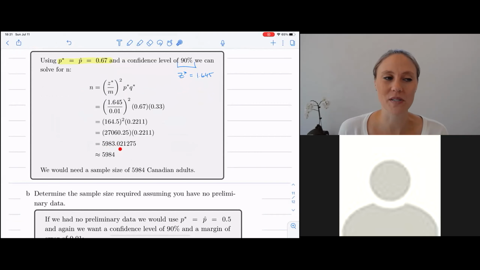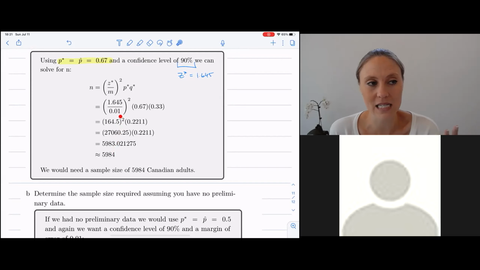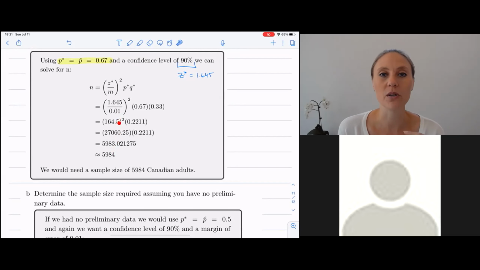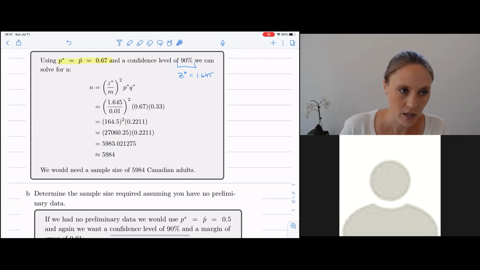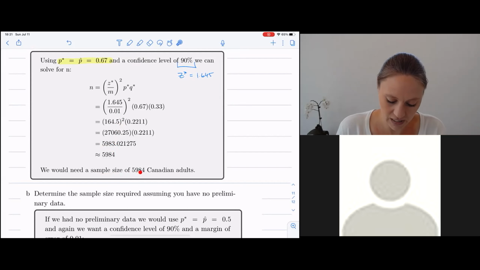Even though it's only 0.02, if you only went to 5,983, it wouldn't be a big deal, but it's also not that much more expensive to sample one more just to make sure that your margin of error is no larger than 0.01. In fact, it would be a little tiny bit less than 0.01. But you don't want to go just to 5983, because then your margin of error would be slightly larger than 0.01, which is not what you want. So we would need a sample size of 5984 Canadian adults.